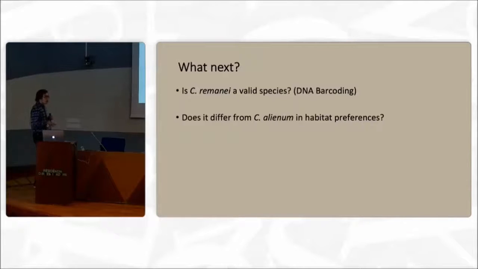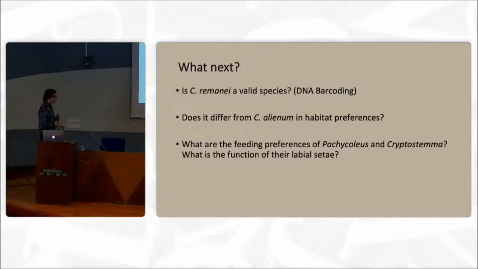Does Cryptostemma rehmanni differ from Cryptostemma alienum in its habitat preferences? We don't know, but we surely want to have a look at that. And we definitely want to test and properly verify the hypothesis that Pachycoleus and Cryptostemma differ in their feeding preferences.